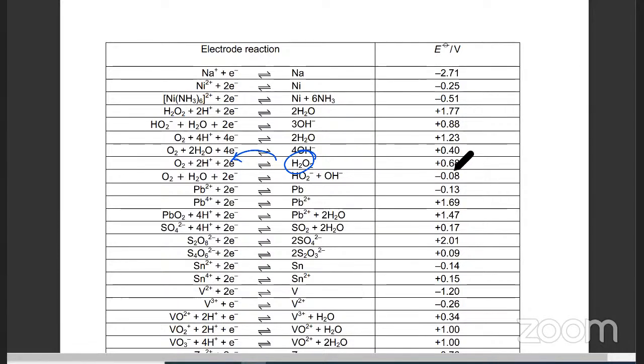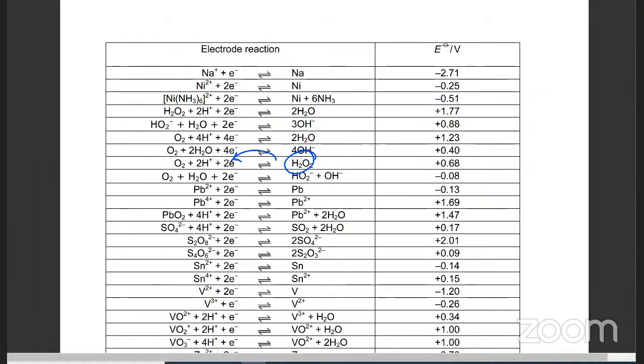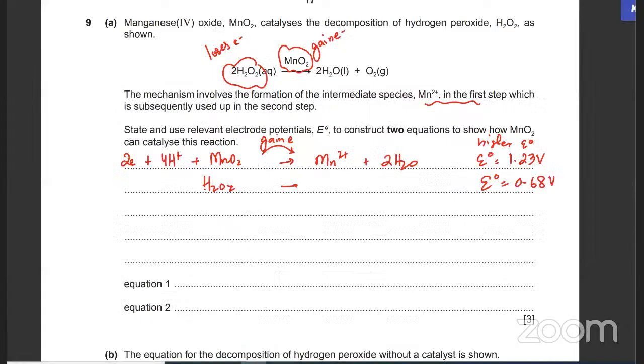That is the lower potential. So going back to the question, I've got H2O2, the E naught was 0.68 volts, and there was O2 plus 2H+ plus 2 electrons. So I've figured that out.